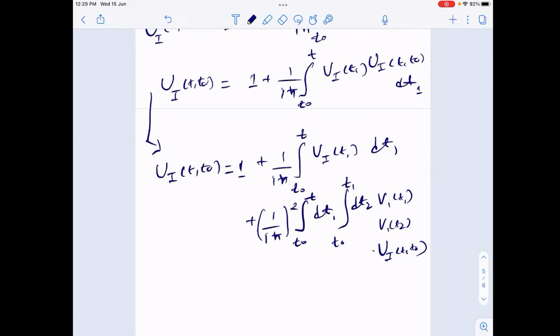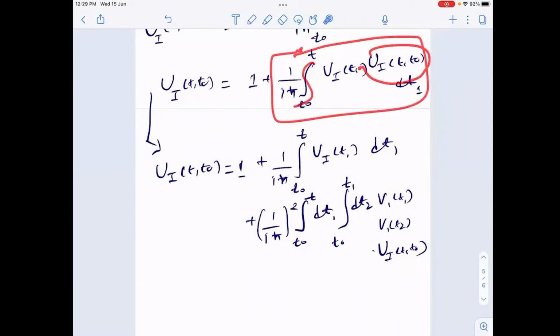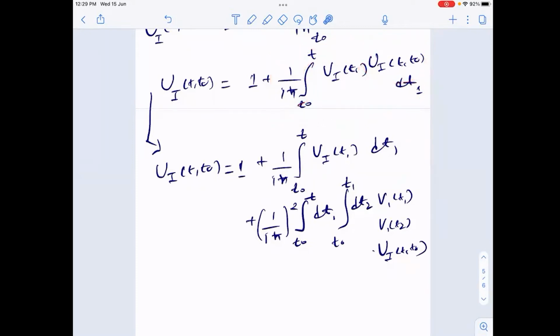Again, I am repeating, UI T0 is considered as unitary. And what we have done in the integral, let me use the laser. Within this integral, we are doing repeated iteration of UI T0. And we are avoiding the higher order terms because there is no contribution of VI T. Yes.